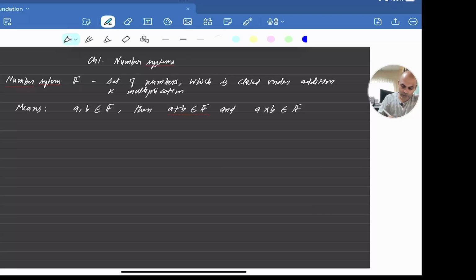So the simplest number system that we are familiar with is the set of natural numbers.